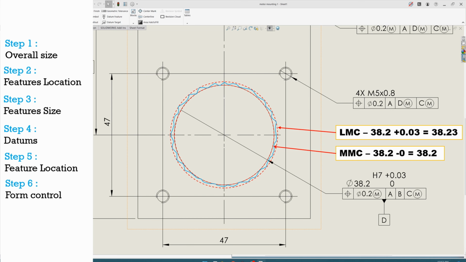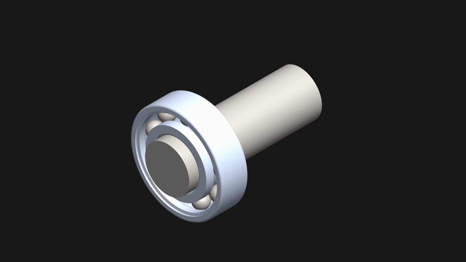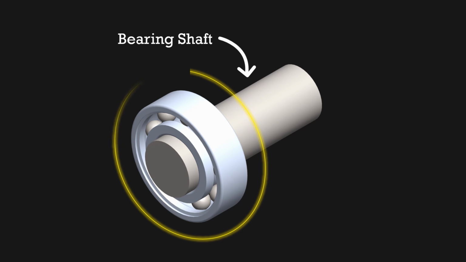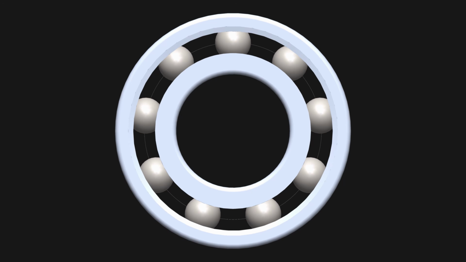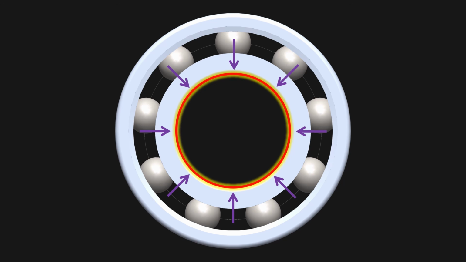And in this case, even if the part is at maximum deviation, meaning manufactured at LMC, this is completely fine, because the main purpose of this guiding hole is just to position the motor. So where should we actually apply the circularity control? For example, let's say this is a bearing shaft. Now, in case of bearing mounting, we must ensure that the bearing ID is fully supported by the shaft for even distribution of the load.